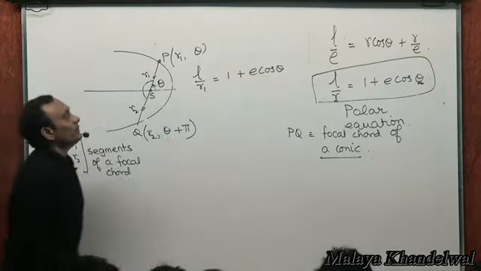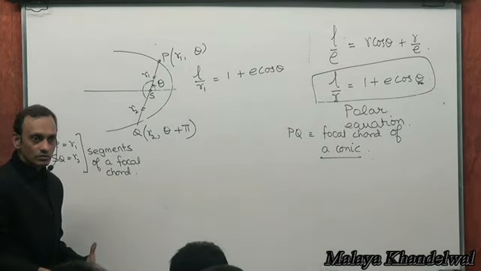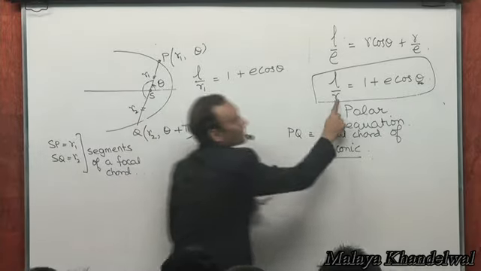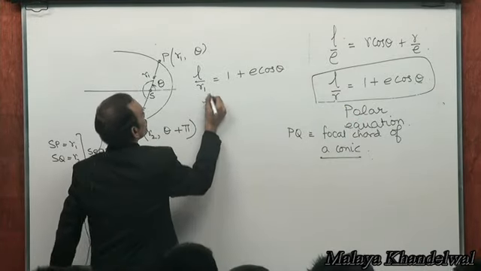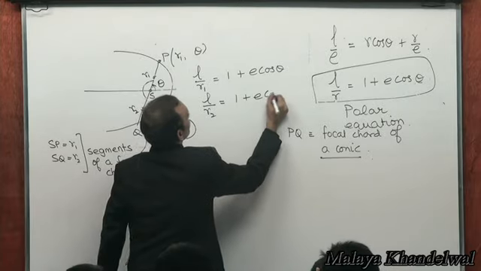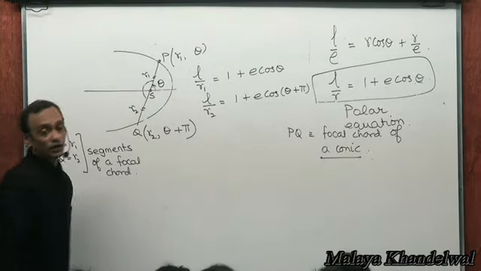This is from the point P because (R1, theta) is a point on the conic section. For the point Q, r is R2 and theta is theta plus pi. So L by R2 is 1 plus e cos, instead of theta you have theta plus pi, for Q, the other end of the focal chord.